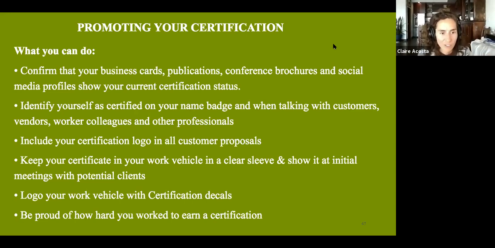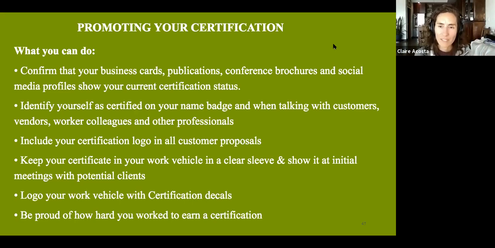And it says here you can keep the certificate in your work vehicle, or show it at potential meetings. But in general, the only way to verify to people that you actually have a certificate is to either show them it, or you contact Theodore Payne Foundation and they will tell you who is certified. So you can have it with you to prove that you have it, or just use the logos.